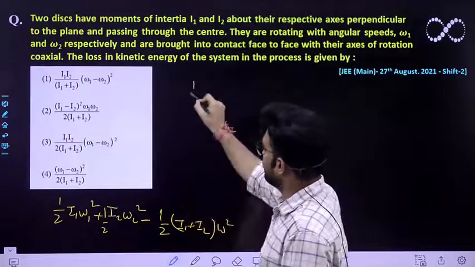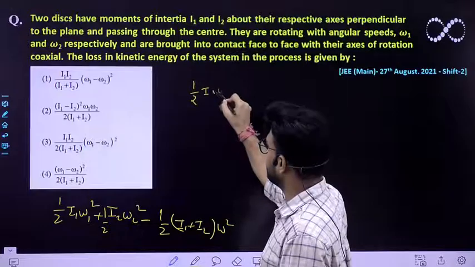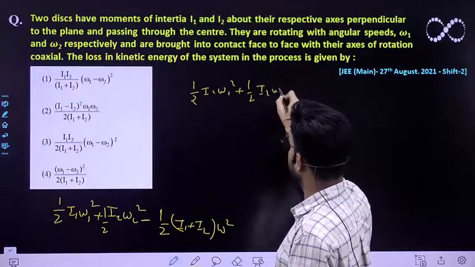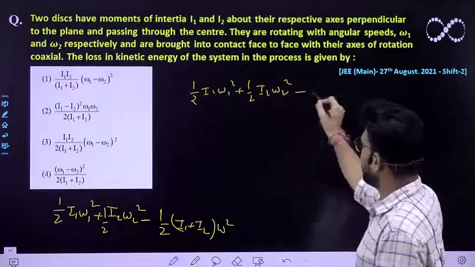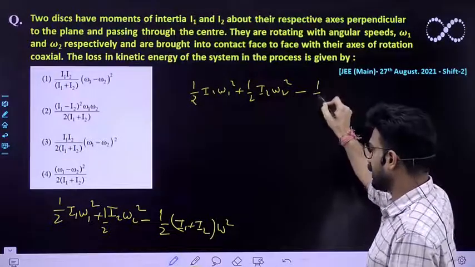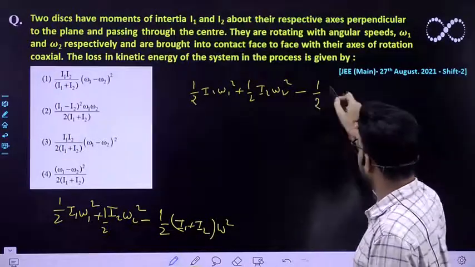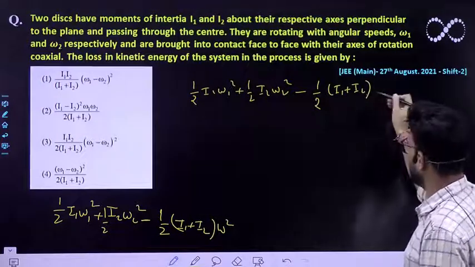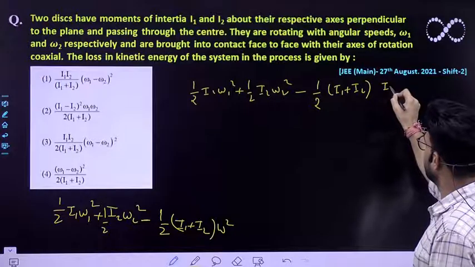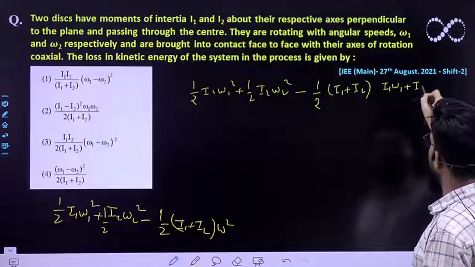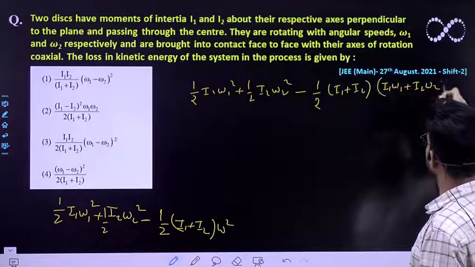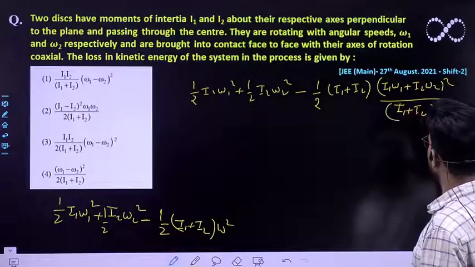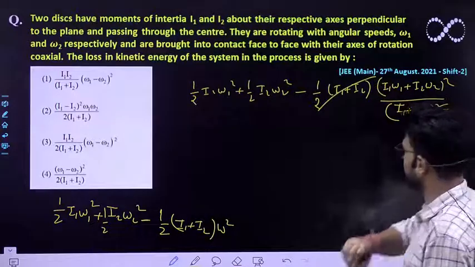So it is equivalent to half I1 omega 1 whole square plus half I2 omega 2 whole square minus half I1 plus I2 into omega square. Omega square comes out to be I1 omega 1 plus I2 omega 2 whole square divided by I1 plus I2 whole square. So you can easily cut it down like this.